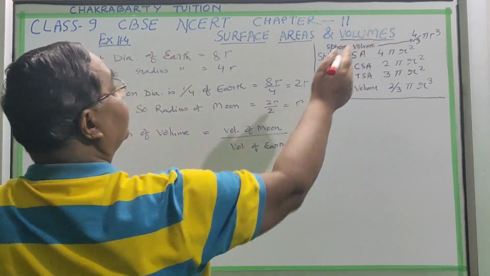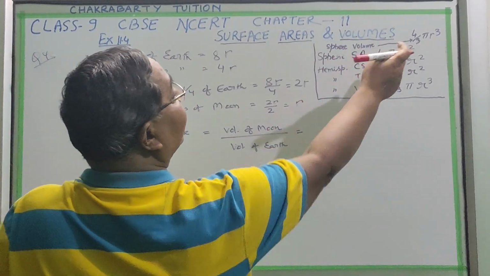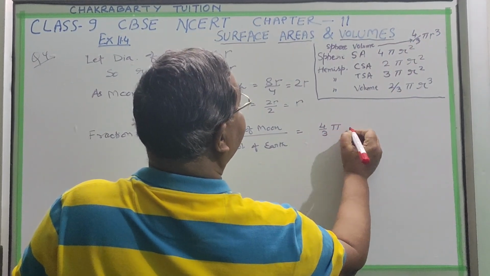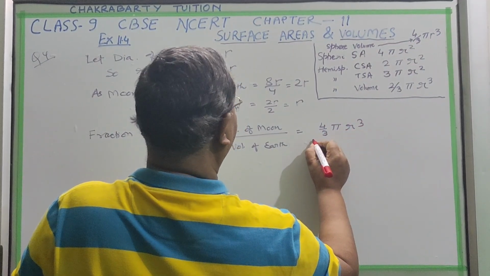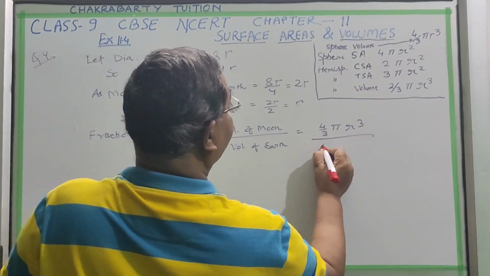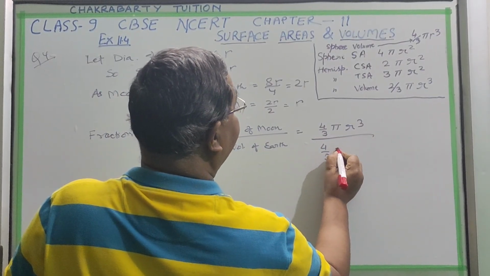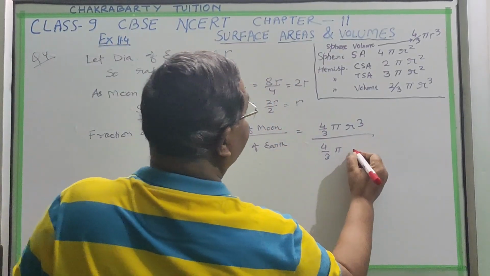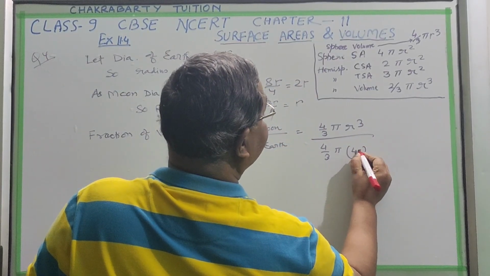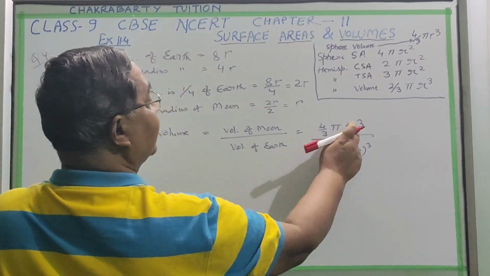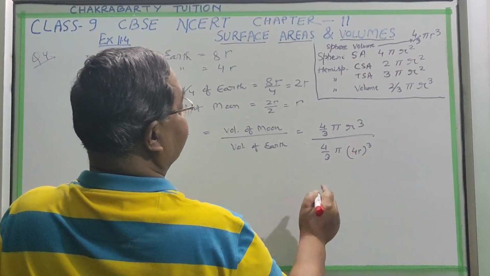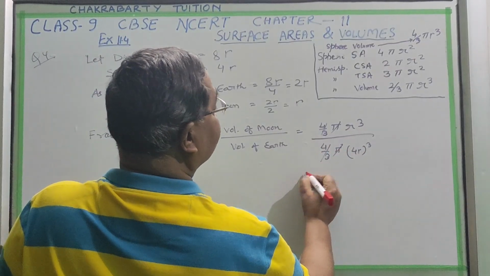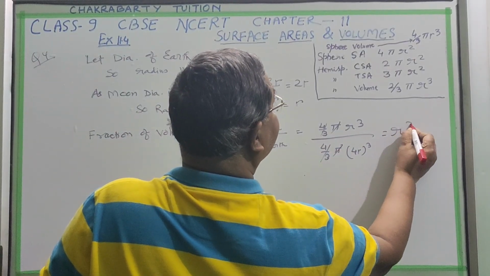For moon, because r is there, the answer will be 4 by 3 pi r cube. Okay, and for earth, it will be 4 by 3 pi, and the radius of earth is 4r, so 4r cube. So this will go out.